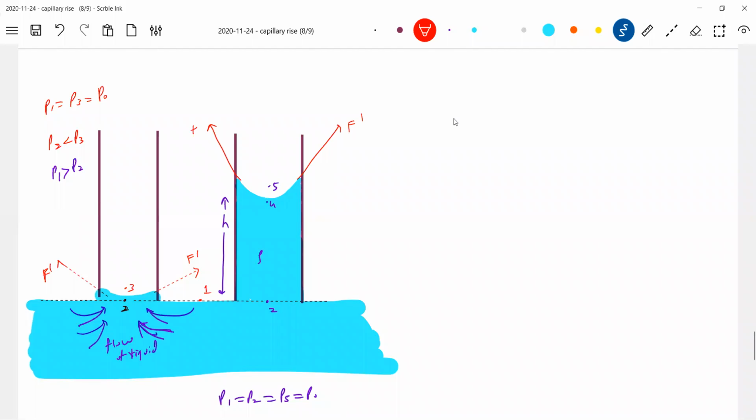F dash. We'll assume the angle of contact to be 0. So then it becomes vertically up. Now this force due to surface tension is pulling the meniscus to height h. So what is the work done by surface tension? Work done.